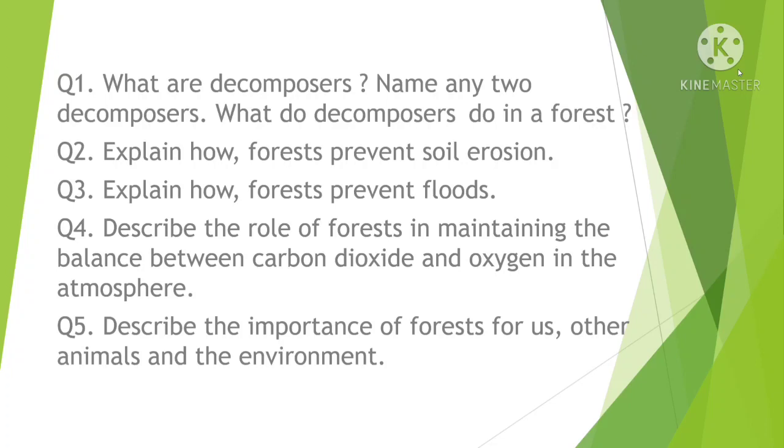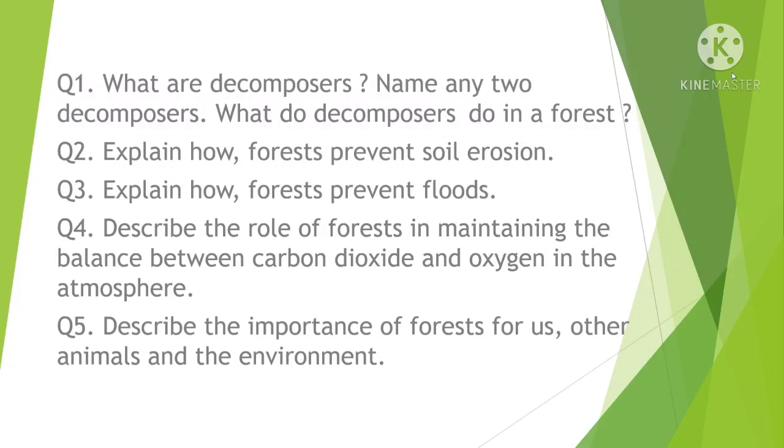Since the green plants and trees supply the oxygen, and they also reduce the amount of carbon dioxide in the atmosphere, in this way they help in maintaining the balance of carbon dioxide and oxygen in the atmosphere. Now, due to the supplying of oxygen for breathing and respiration by the green plants and trees, the forests are also known as the green lungs of the earth.